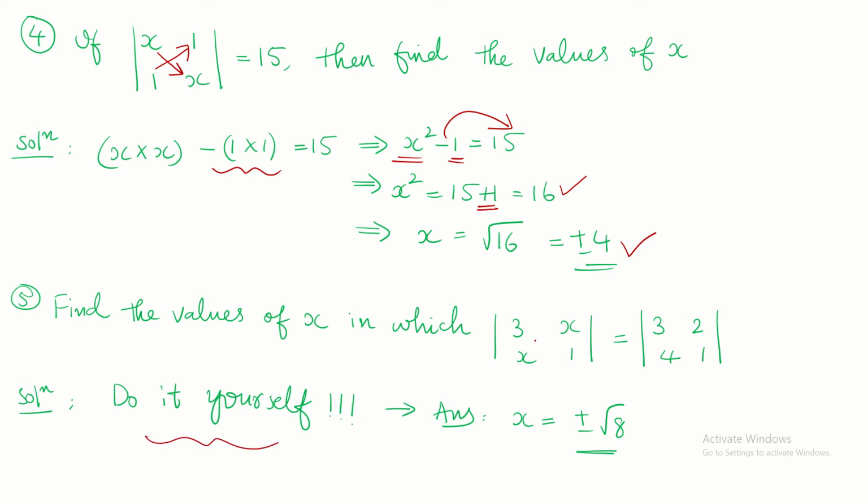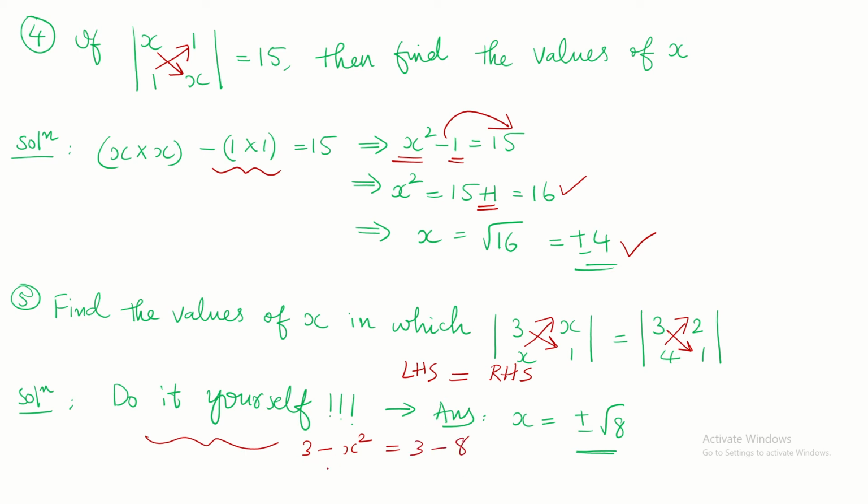How will you do it? You have to multiply. 3 into 1 minus x into x. That will be your LHS. It is equal to, again, 3 into 1 minus 4 into 2. That will be your RHS. So 3 into 1 is 3, minus x into x, x square, equal to 3 into 1 is 3, minus 4 into 2 is 8.